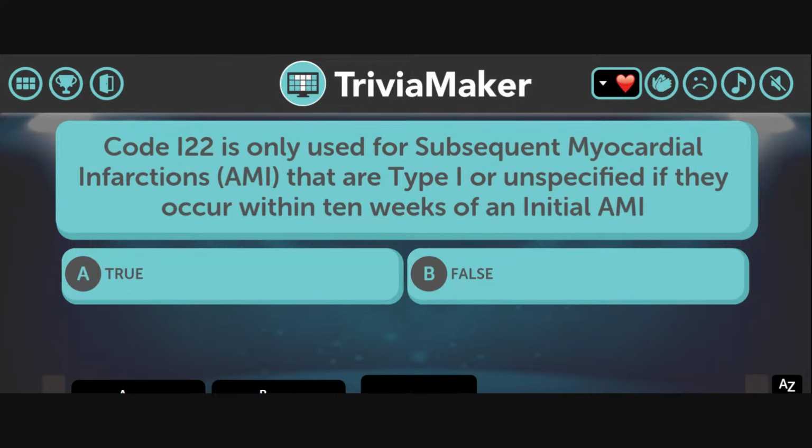Oh my goodness, I am blown away by people going the extra mile. Yes, so this one is going to be false. Great job to everyone that got that one right.